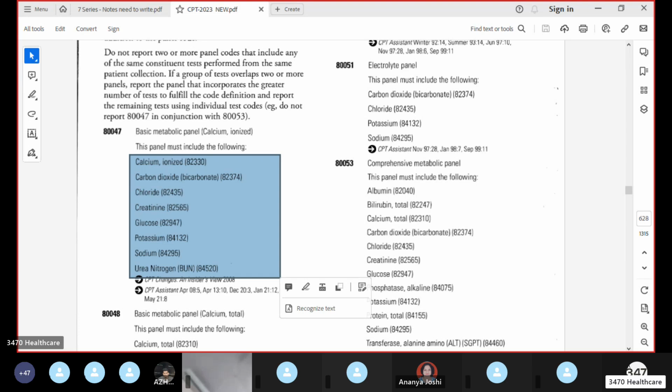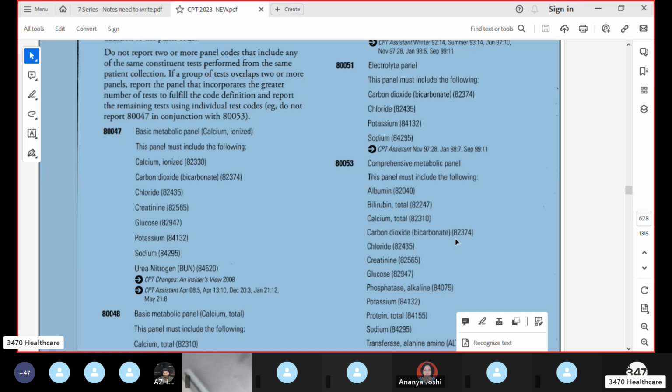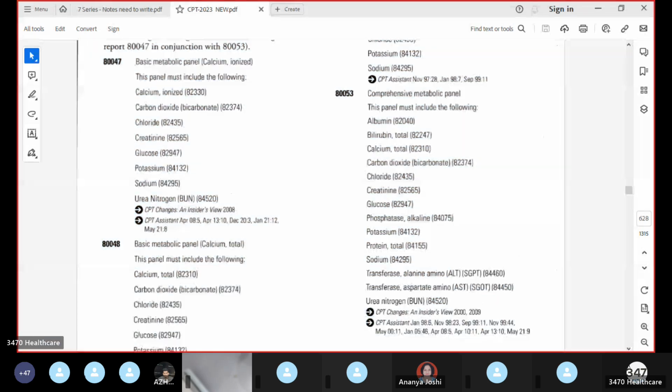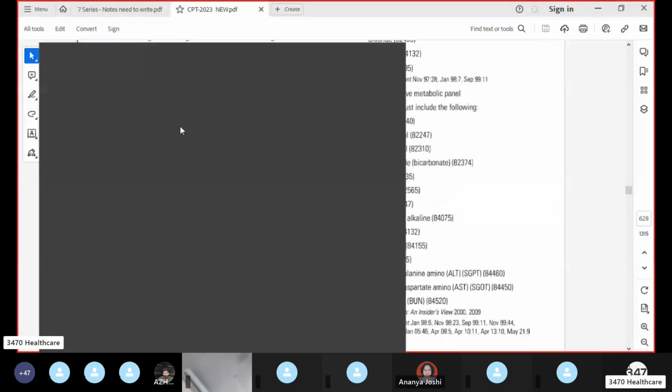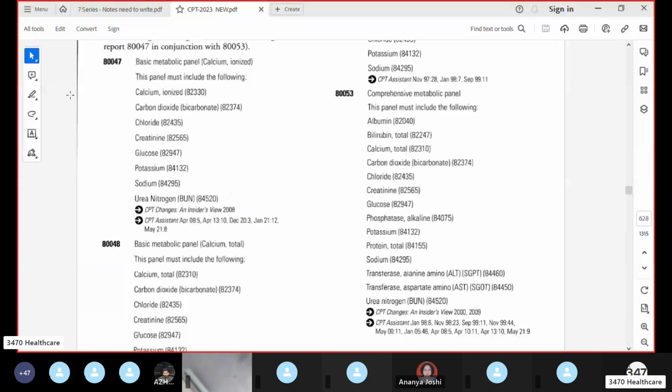Okay. Suppose two panels are done. In the two panels, which panel has more tests? That panel code you need to give first. Please remember, everyone.